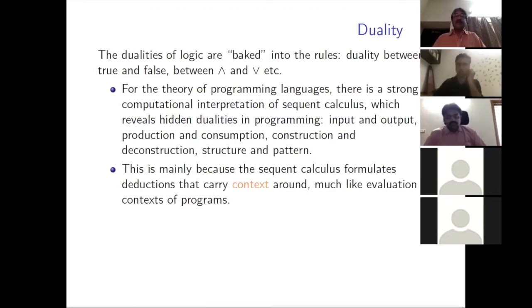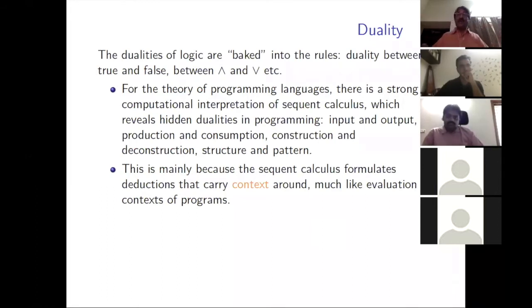So mainly because the sequent calculus formulates deductions that carry context around. So his main point is that the idea of having these sequents around is that these assumptions entail this conclusion in this context, in the context of some other assumptions, other conclusions. Right?